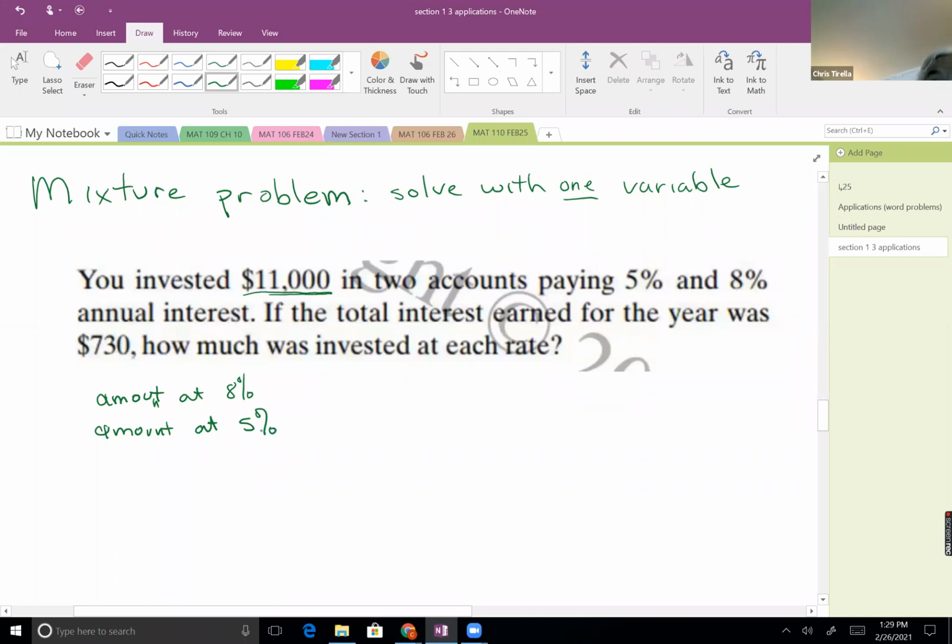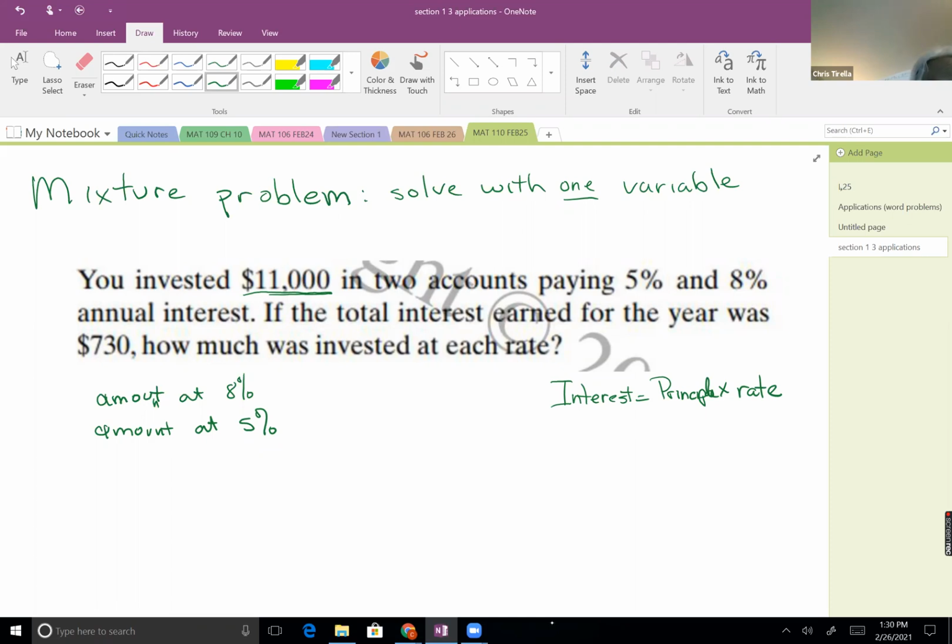And the other thing that we need to remember is that interest is equal to the amount that we're investing, the principal, times the rate. I want to use variables.